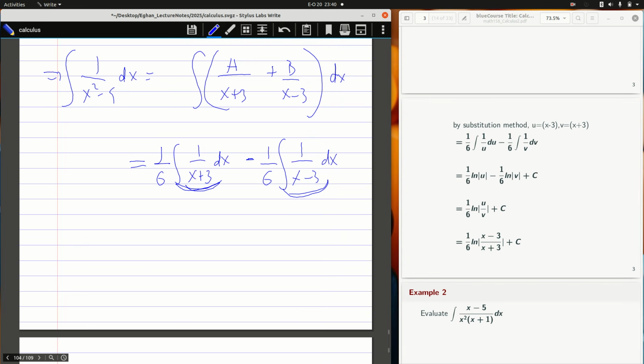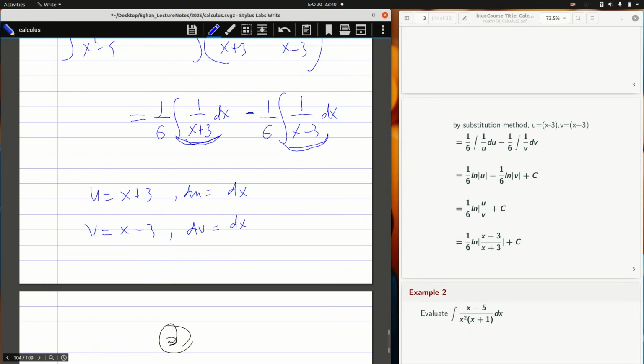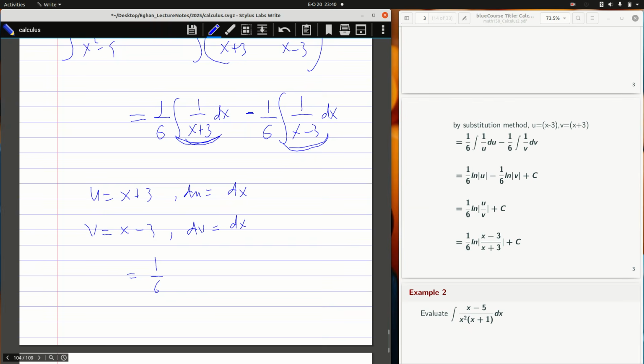So by substitution, I can say let u equal x plus 3, which means du is dx. If I say v equals x minus 3, it means dv is dx. So by substitution, I have 1 over 6 times the integral of 1 over u du. This is a simple rational function.